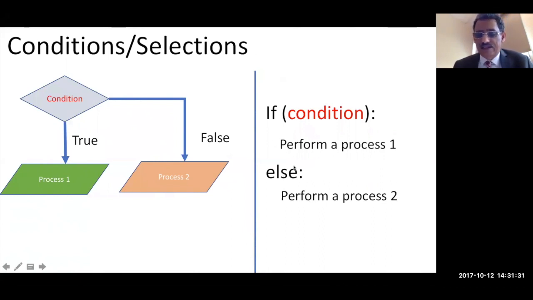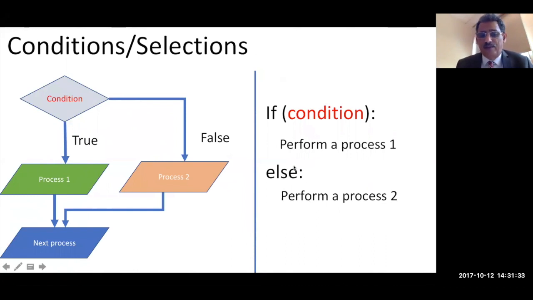And then once that's finished, you jump into the remaining code, which is the next process, the next thing. I think most people are familiar with flowcharts, and I would expect students to understand somehow. But the aim is building the concept of understanding the structure of a selection or condition, starting with an if statement with a condition and then a process to do.